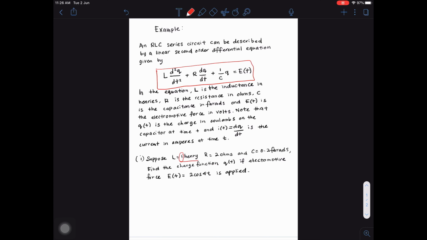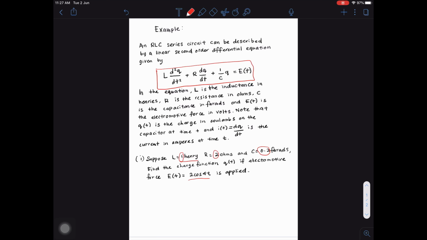R is equal to 2 ohms, so we consider the value of R as 2. And C equal to 0.2 farad, so we consider the value of C as 0.2. And E(t) is 2 cos 4t.